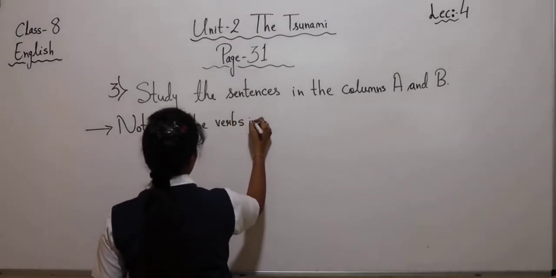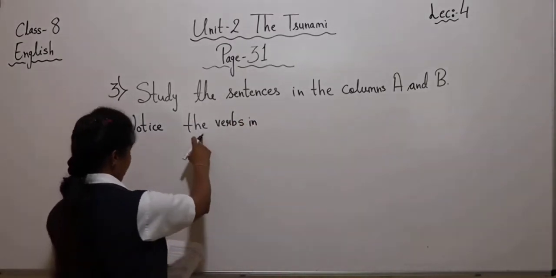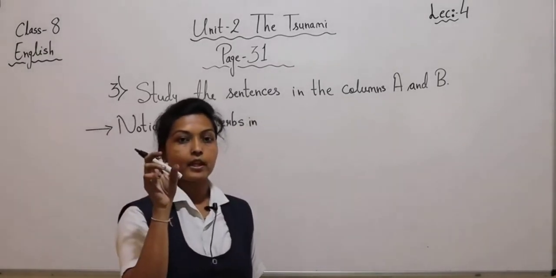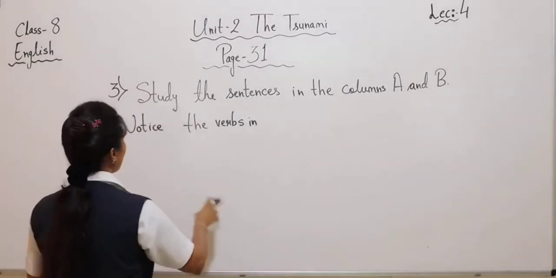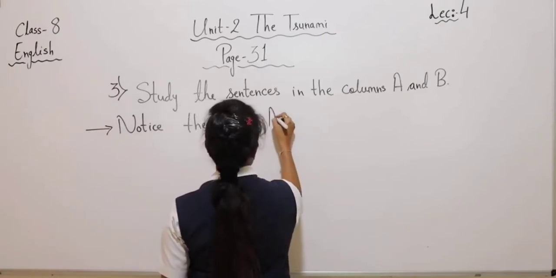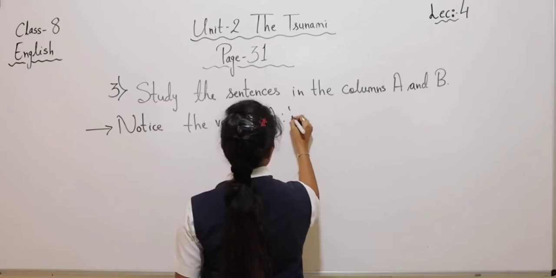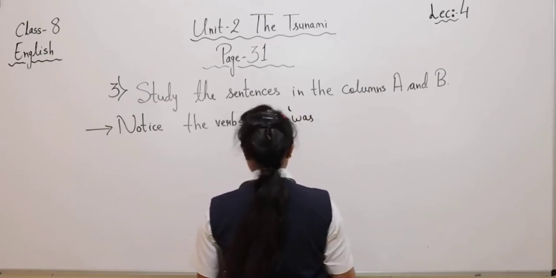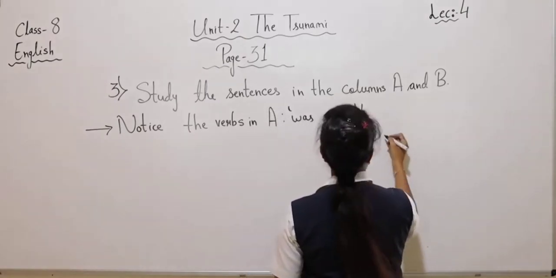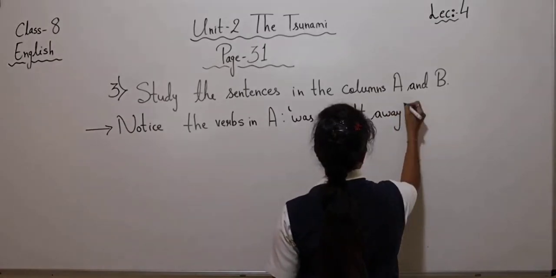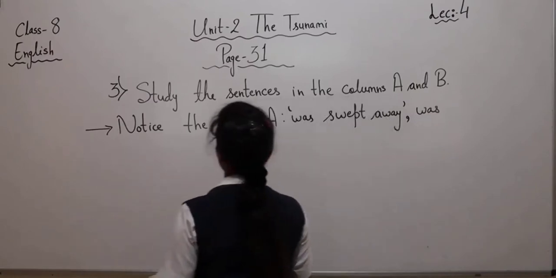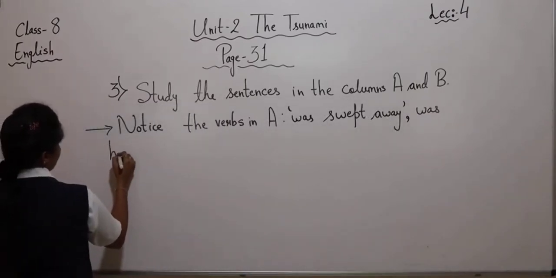We are not writing the line which is given above these sentences, Compare the sentences in A to the ones in B. We start from Notice. Okay. So, notice the verbs in A. When we notice the verbs given in column A, like was swept away, these are the actions which were performed by the doer in the given sentences.